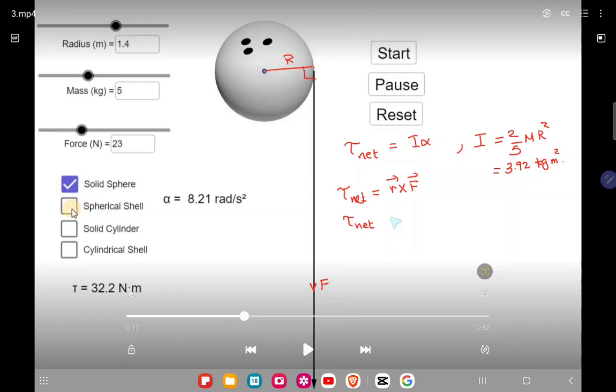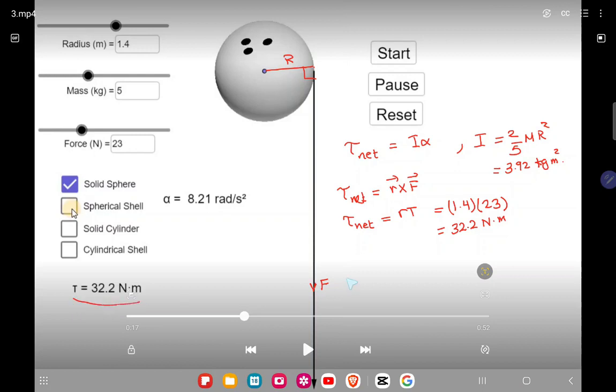So the net torque is equal to R T, which is 1.4 times 23, equal to 32.2 Newton meter. It's right here.